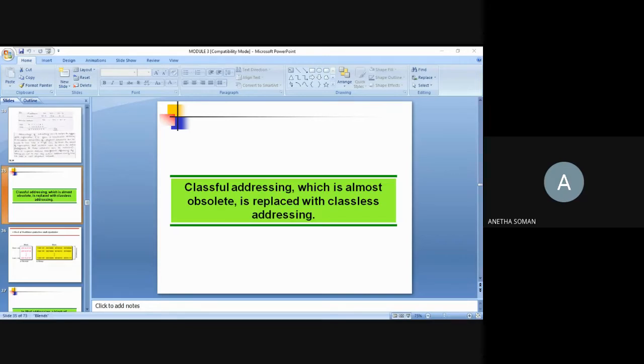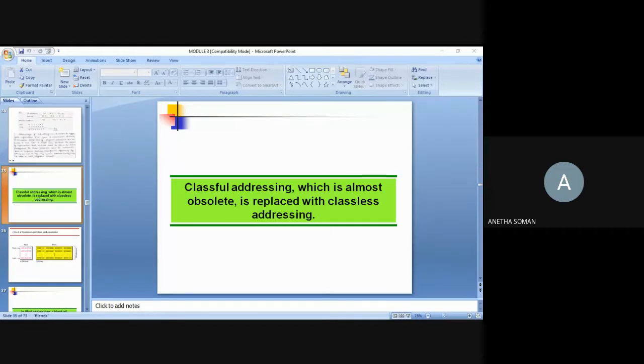If subnetting comes into the picture, you will have 3 levels of hierarchy. To reach a particular host, first you have to reach the site, then the sub network, and then the host. And you have also seen the importance of masking in the last class.